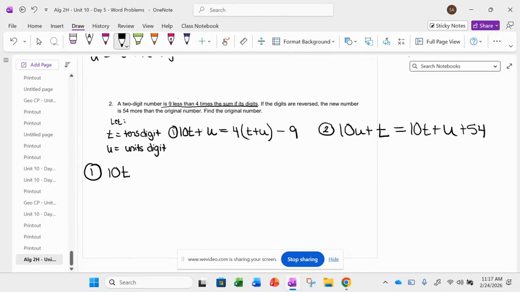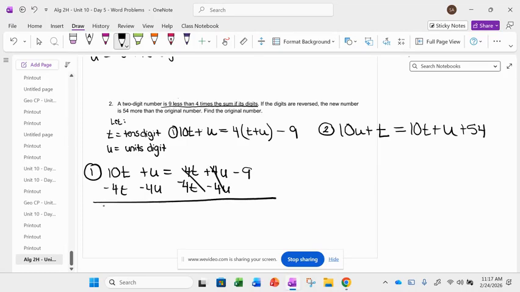So I have 10t plus u equals 4t plus 4u minus 9. I'm going to subtract the 4t and subtract the 4u. So now I'm going to get 6t minus 3u equals negative 9.